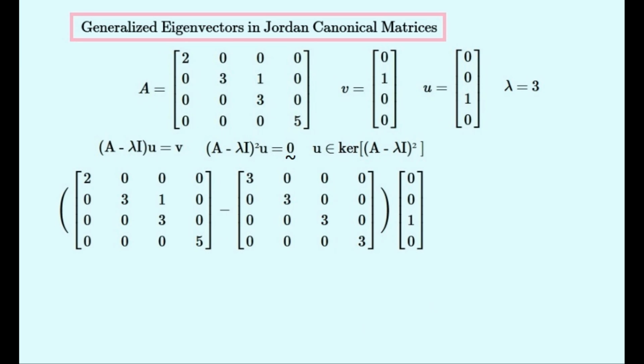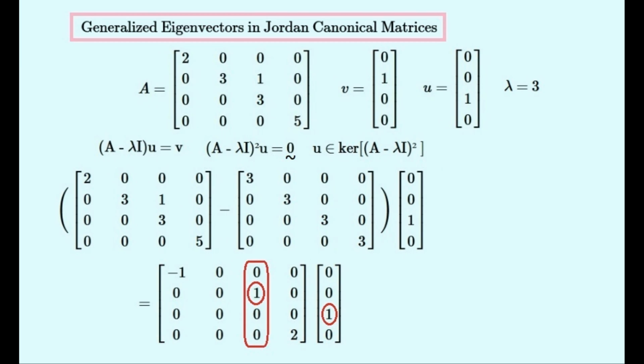Substituting all of these values into this first equation will give us this matrix equation. Adding these two matrices together will give us this equation, so that zeros occur in the diagonal corresponding to these eigenvalues and eigenvectors.